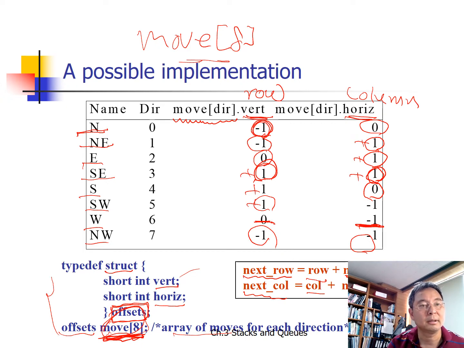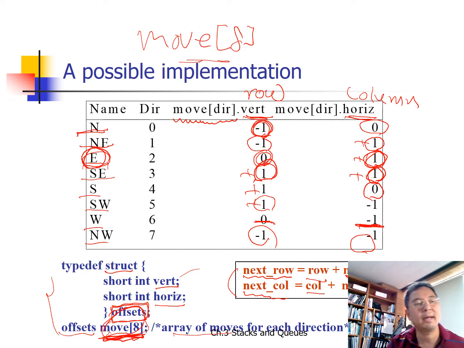If east is the first possible direction, then we must add 0 to the vertical or row value, but we must add 1 to the column value. So we must move to the right.